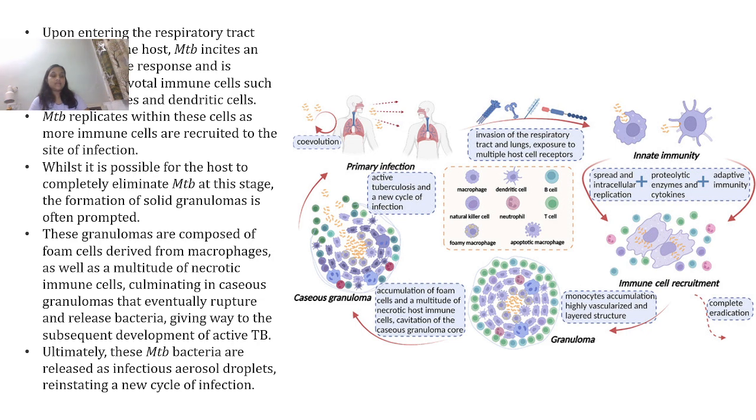So there are two types. One is active TB and another is latent TB. In the case of latent TB, the TB bacteria will reside in your cell and you cannot understand whether you are infected or not. That is one of the most dangerous things, that you are harboring a bacteria and you cannot understand whether you are having an infection or not.